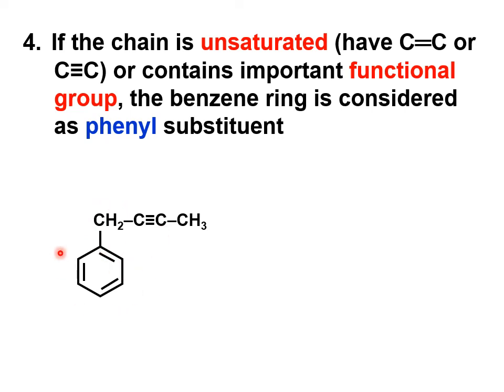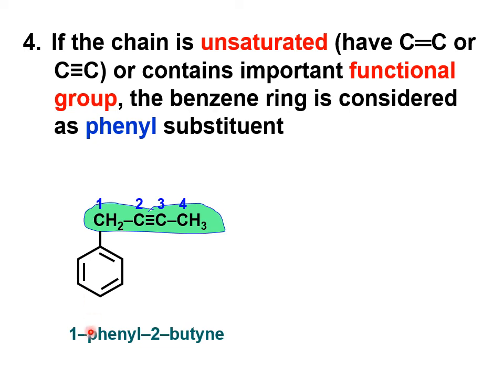So benzene here will be the substituent. The IUPAC name will be 1-phenyl-2-butyne. So 1-phenyl tells us the position of the benzene ring, which is attached to the first carbon of the parent, and 2-butyne, the 2 tells us the carbon-carbon triple bond is at the second carbon.